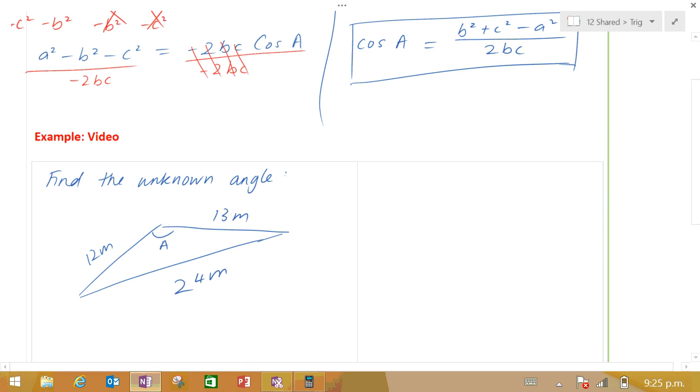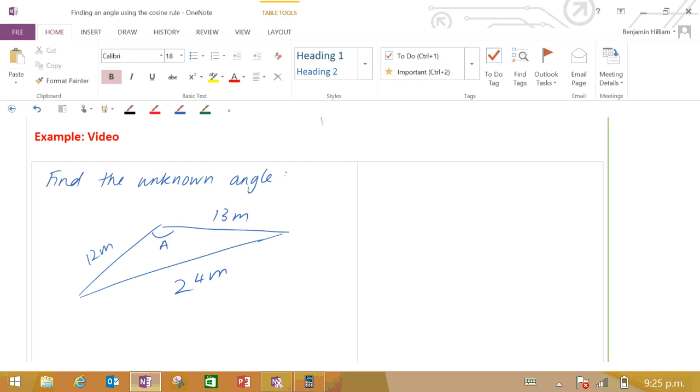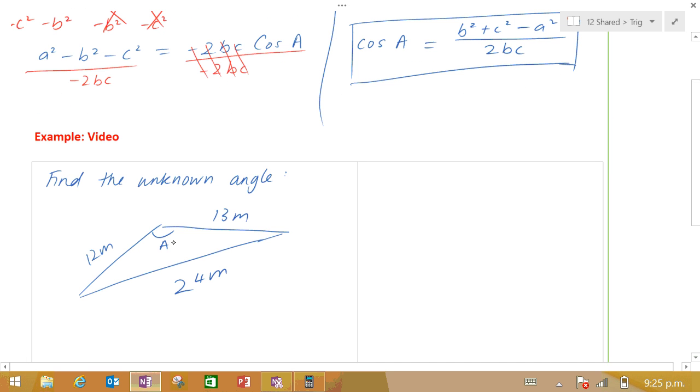Find the unknown angle. First of all I'm going to finish off labelling my triangle here. I've got an angle of A, so I'll make this little a, and I'll make the other two b and c. Now I'm going to write out my formula. So I've got cos A equals b squared plus c squared minus a squared all over 2bc.